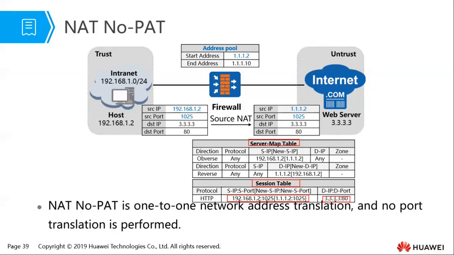This is the destination IP address for the web server and the port. Then this is the network address translation. So this is the private address and the port number you've come in with. This is the new public address and source port number that we've given you.